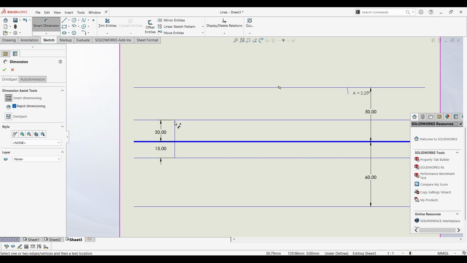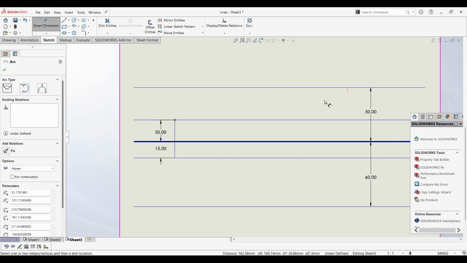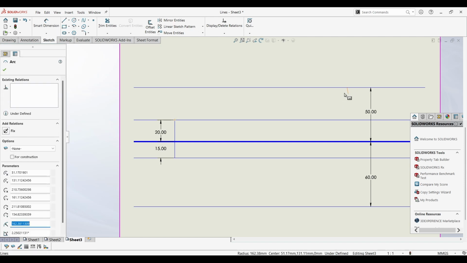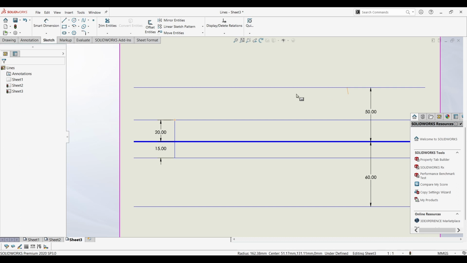And the smart dimension for this one to this one. Why isn't the smart dimension coming for this? Let me see once again.